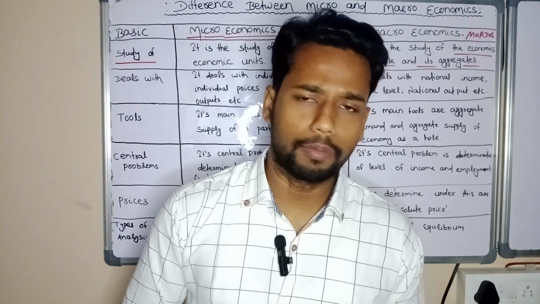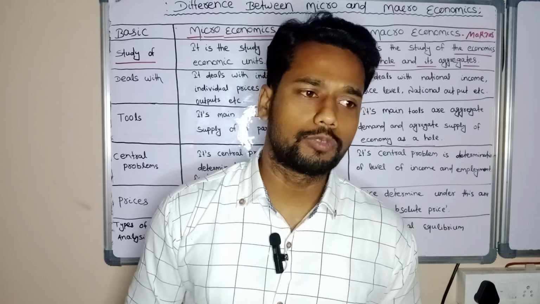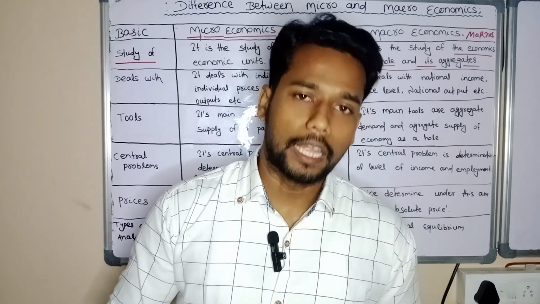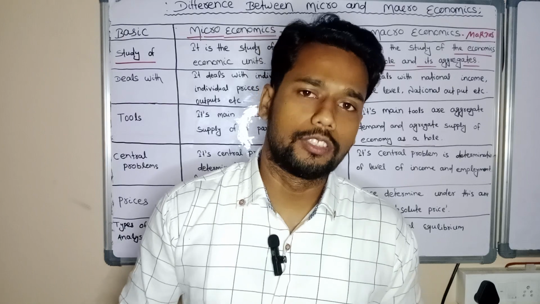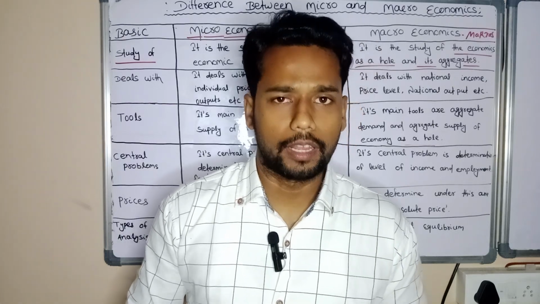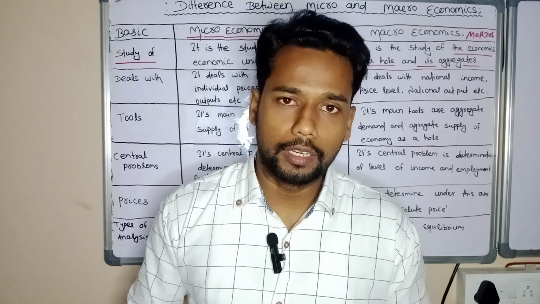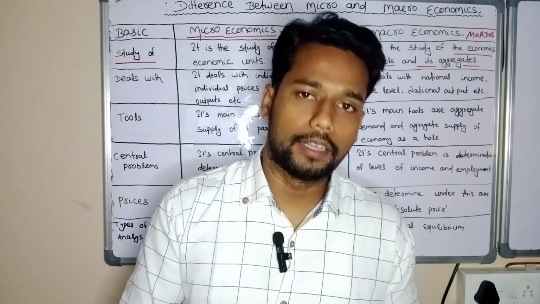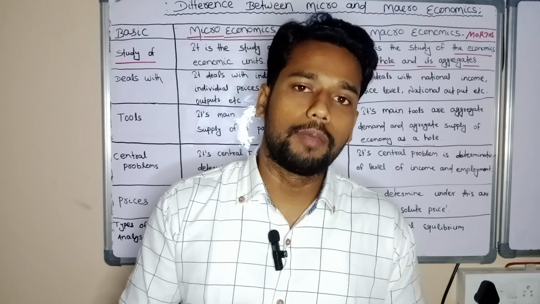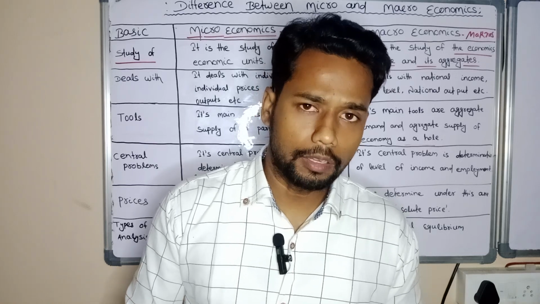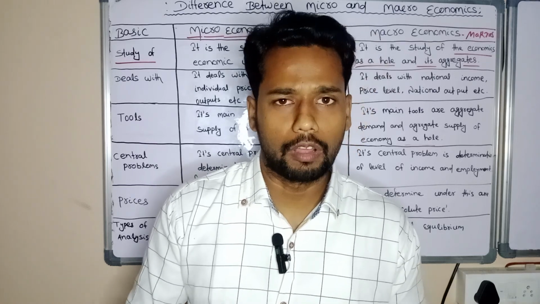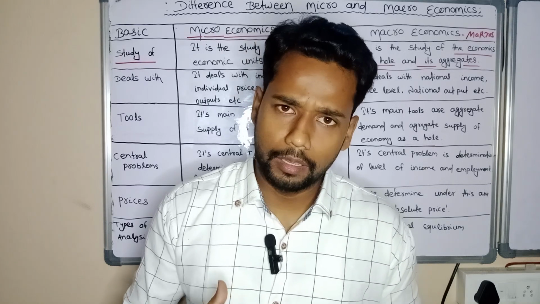How smartly and how scientifically you are acquiring these things for your organization, for a particular individual unit. There is a science behind it, and many principles behind it. These are the problems we have to solve with the help of economic tools.